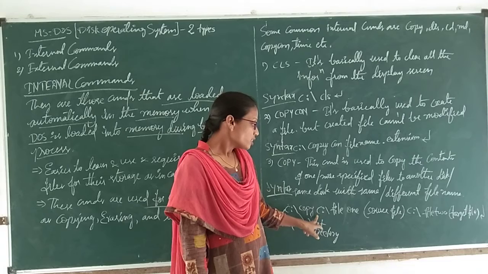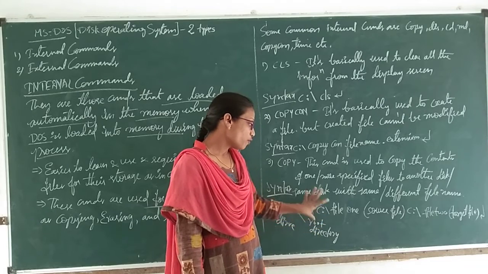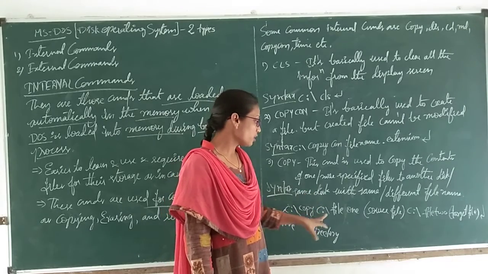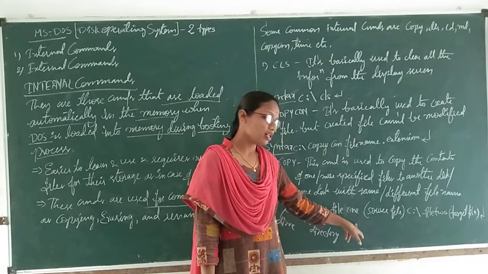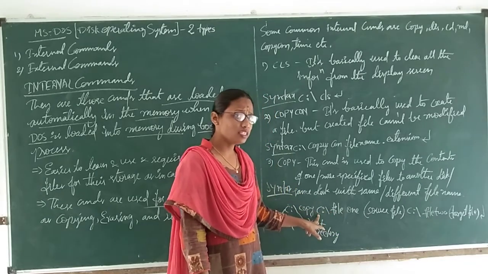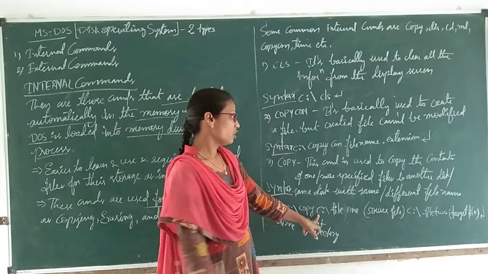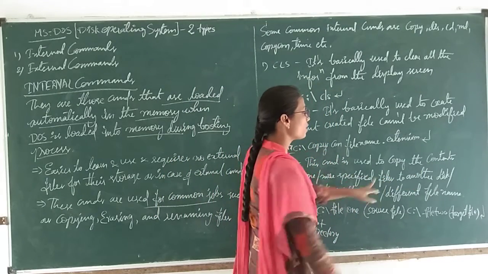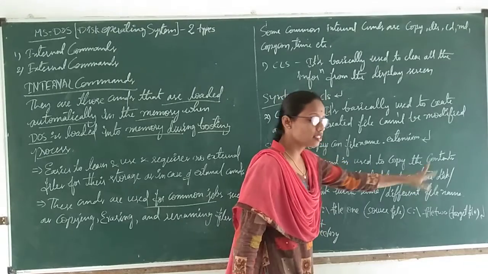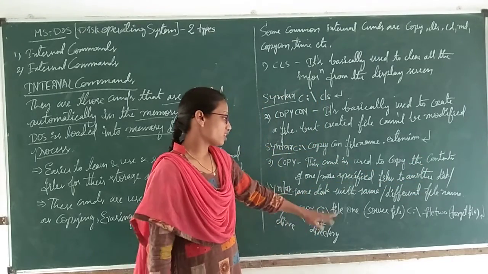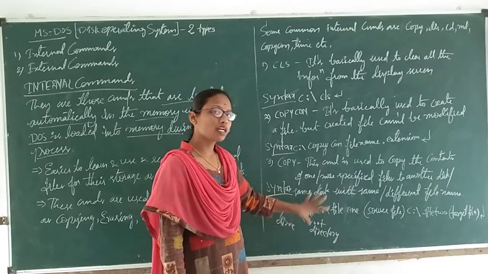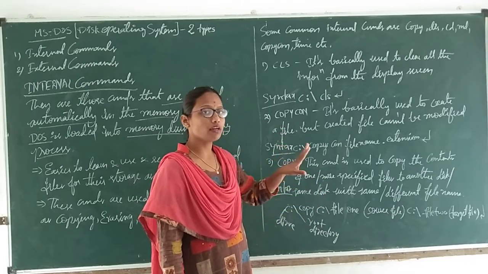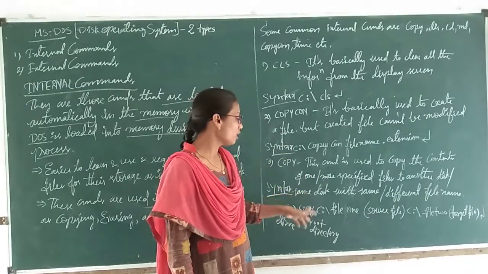Next we copy the information from the source file. The directory is the same directory; observe that it is the same disk. We are copying the content and information from the particular specified file.